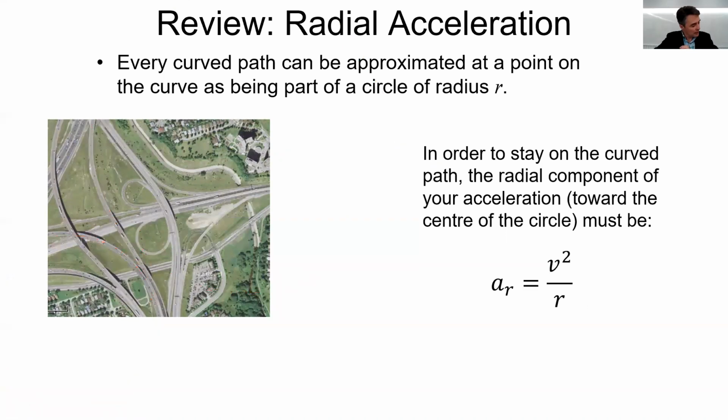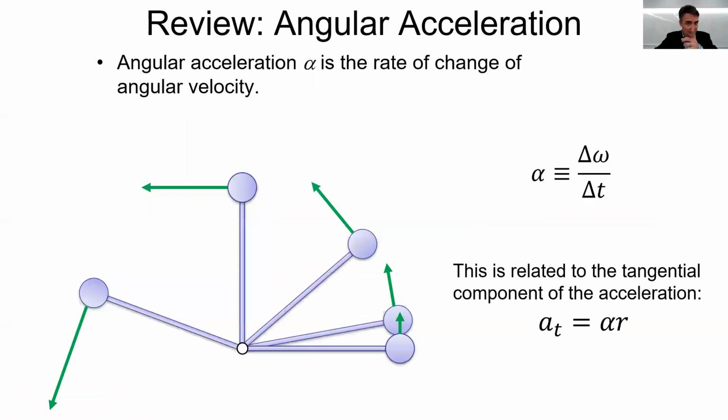And so what happens in this situation, this is going to be on your team up quiz, is that if alpha is non-zero, then you've got your constant tangential acceleration, but you've also got an increasing component towards the center. So you've got a sub r, which is always v squared over r. As v increases, your radial component of the acceleration gets more and more.